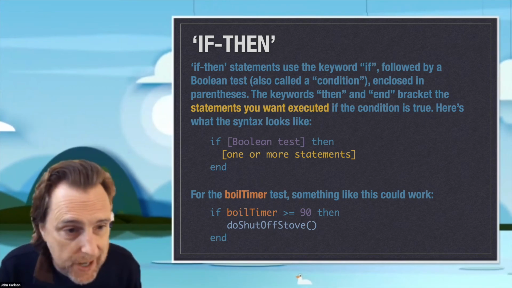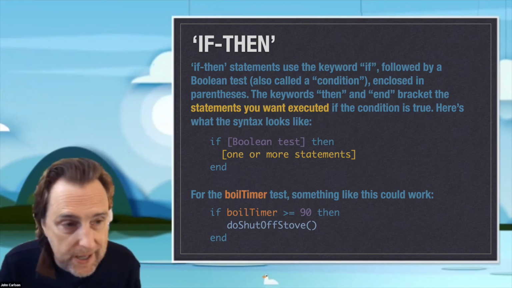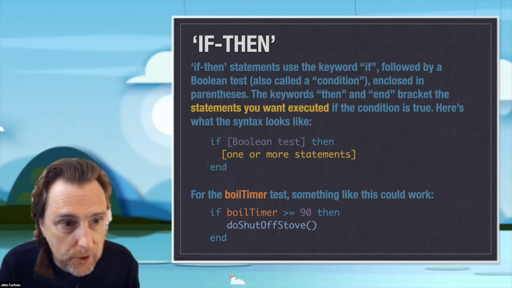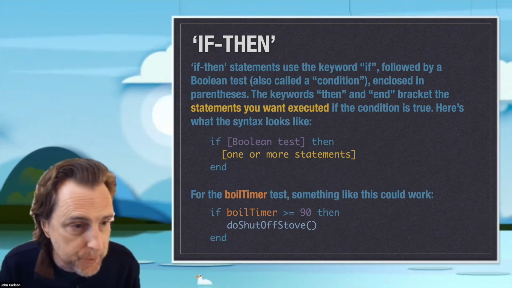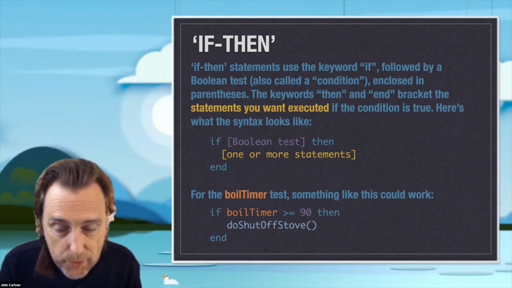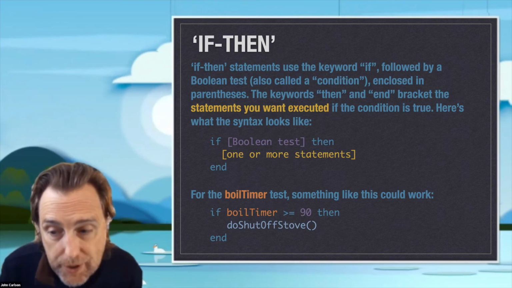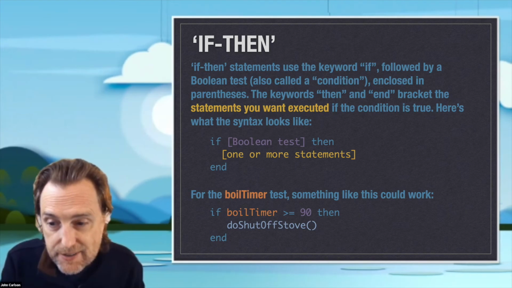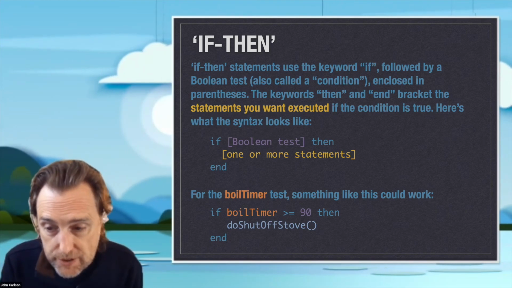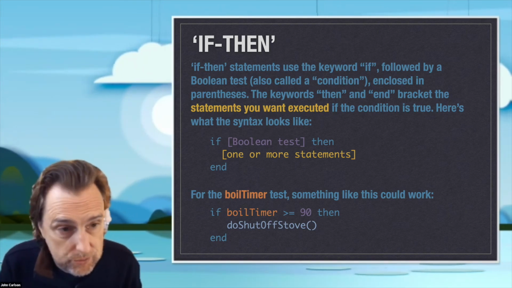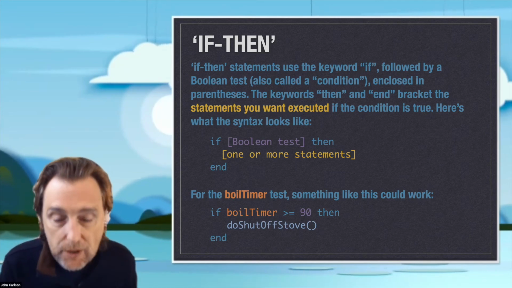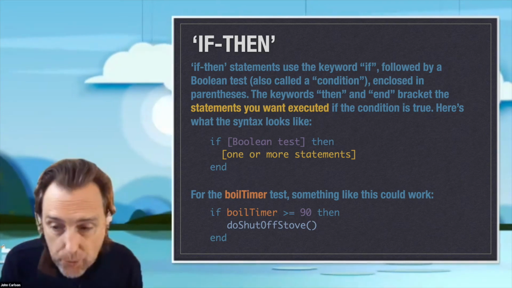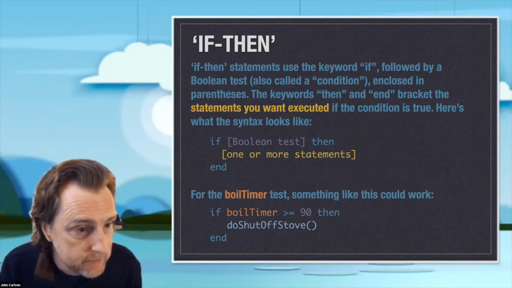The code inside of the if statement is only executed for a true result of that Boolean expression. So if boil timer greater than or equal to 90 ends up being true, you could also read that as if true, then do this. So if it's true, if what you asked is true, then shut off the stove. Otherwise, skip that.